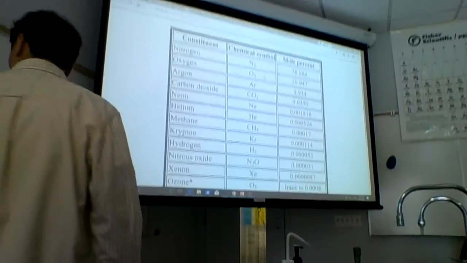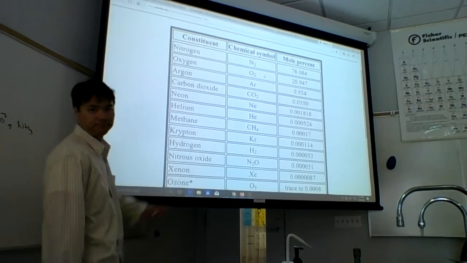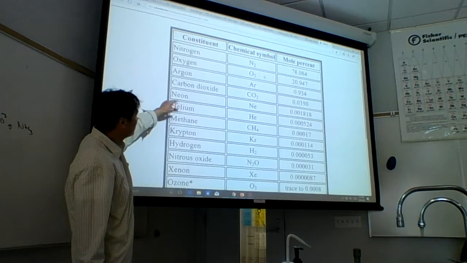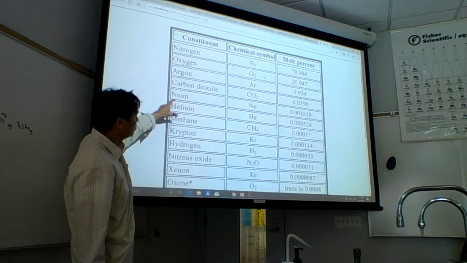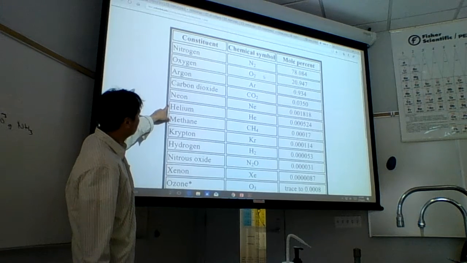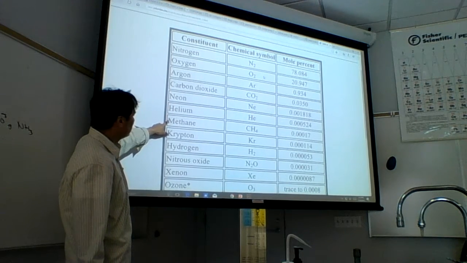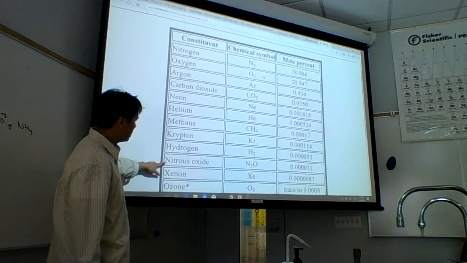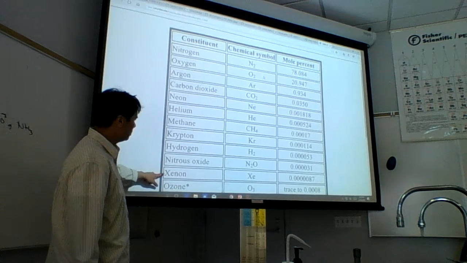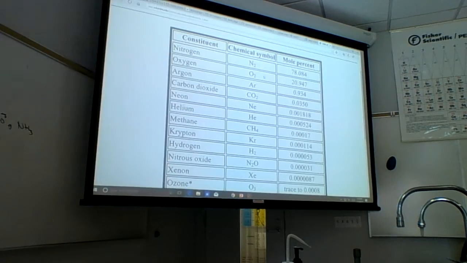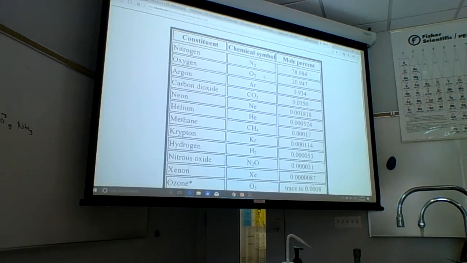There are other components to air as well. We have some argon, carbon dioxide. Carbon dioxide levels vary depending on where you're at. Neon, helium, methane, krypton, hydrogen, nitrous oxide, xenon, ozone. Of course, there's water vapor in air too. This is totally dry air here.